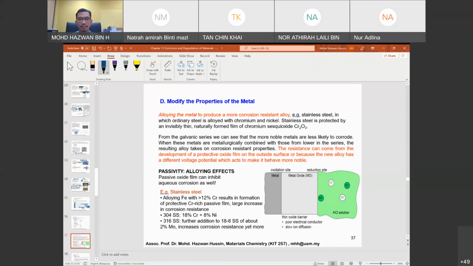So for example, stainless steel 304, you have 18% of chromium plus 8% of nickel. Meanwhile, for stainless steel SS316, there is further addition to the 18/8 stainless steel of about 2% of molybdenum, which actually increases corrosion resistance even more.